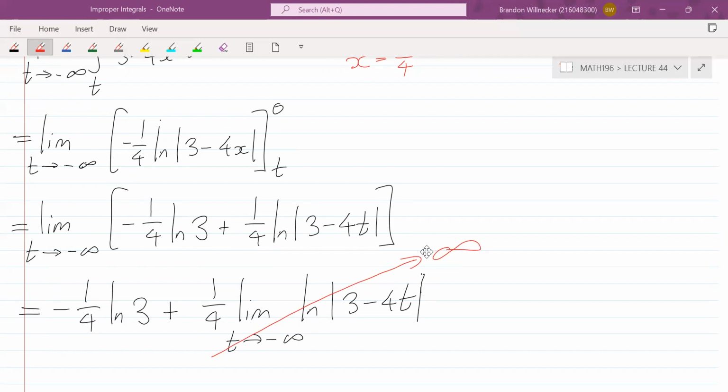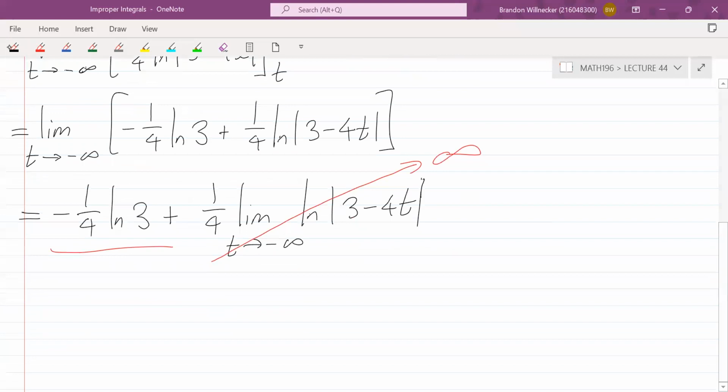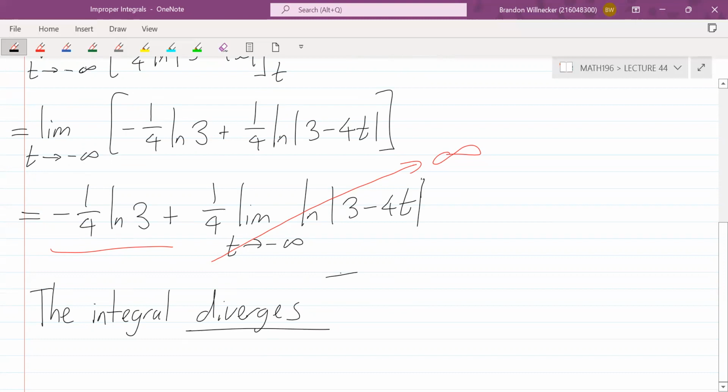It doesn't matter what the first bit is, because the second bit is infinity, the whole integral diverges. Which means we can't write down a nice finite value for this integral.